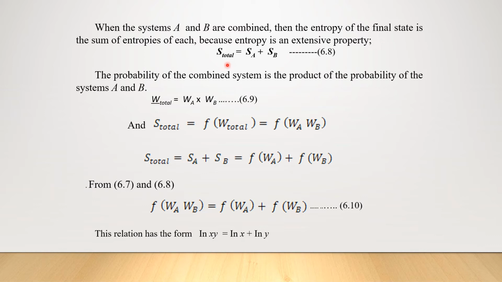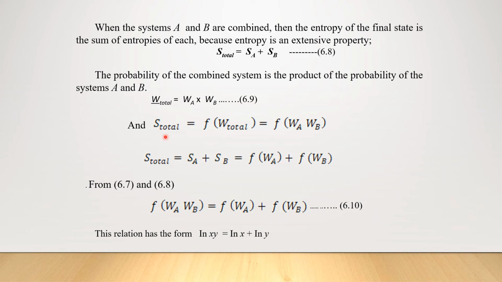So we can write the total entropy S total is equal to the entropy of system A plus the entropy of system B. Now the probability of the combined system is the product of the probabilities of systems A and B. That means the total thermodynamic probability W total is the thermodynamic probability of system A into the thermodynamic probability of system B.